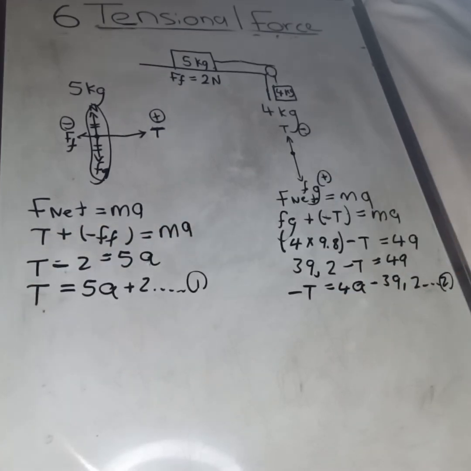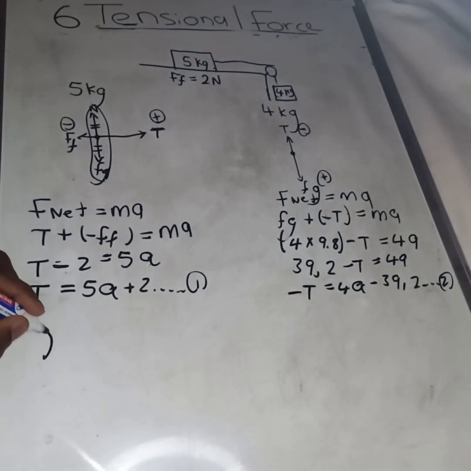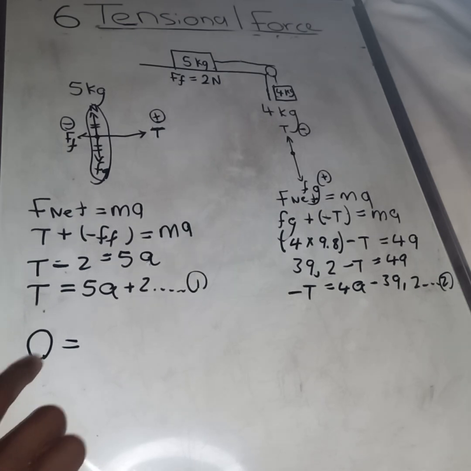Equation number 2. So we have to add equation 1 and equation 2. Always T plus negative T, we are going to have 0. Always on the left, we're going to have 0.